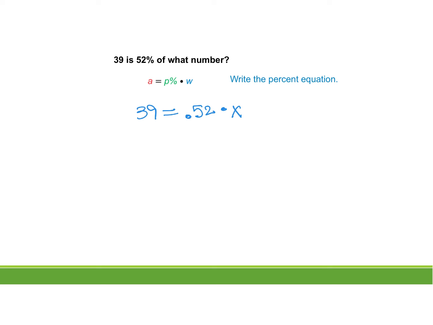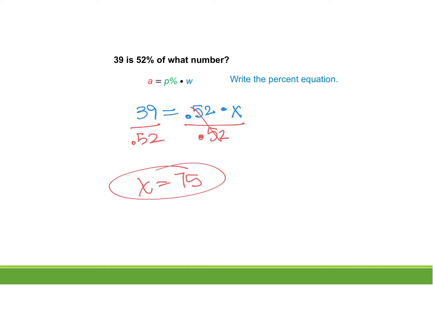I'm just going to plug in an x. So now I have to solve for x again, and to do that, I'm going to divide both sides by that 0.52. And I'm left with x equals 75. So 39 is 52% of 75.